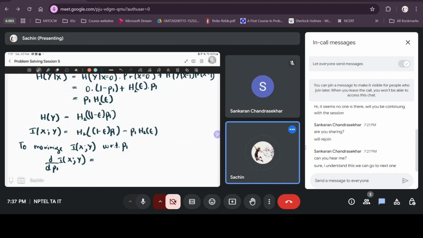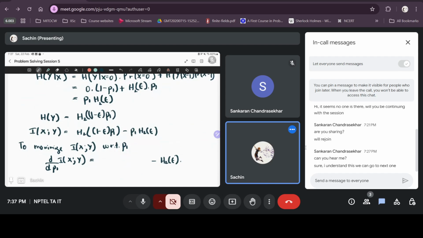You get, so for the second term, h2 of epsilon is fixed. h2 of epsilon times dp1 by p1 is just 1, so second term becomes minus h2 of epsilon.